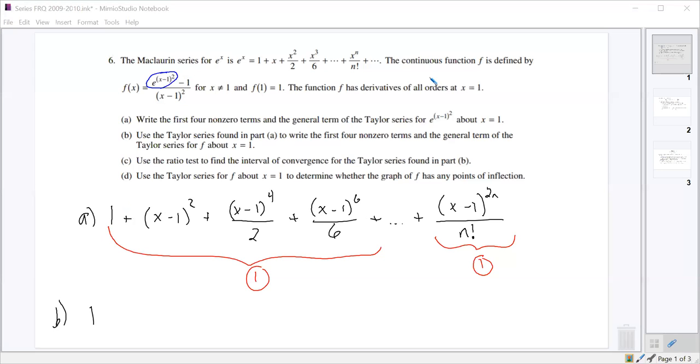Cool. So the next term is our (x minus 1) squared. If we divide that by (x minus 1) squared, as I was saying, we end up with just the 1, right? This one, if we divide (x minus 1) to the 4th by (x minus 1) squared, we should get (x minus 1) squared over 2.